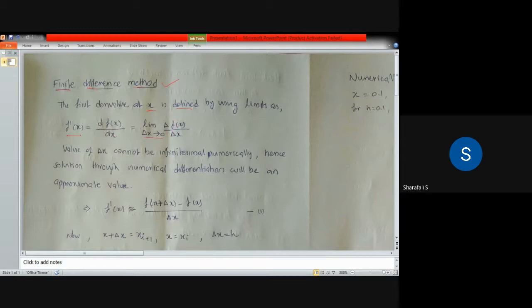So this is the definition of the derivative of the function f of x through this limit.